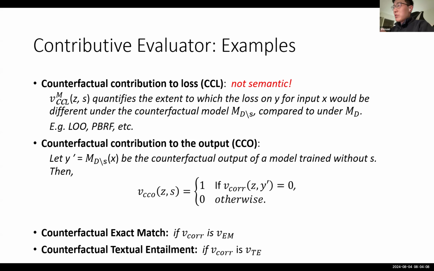If your new output no longer agrees with your old output, then the CCO evaluator will return a 1, which means the training instance is influential. I think it's also very intuitive, right? Also, based on the definition of the agreement here, we can have different types of CCO evaluator, for example, exact match CCO or textual entailment CCO.